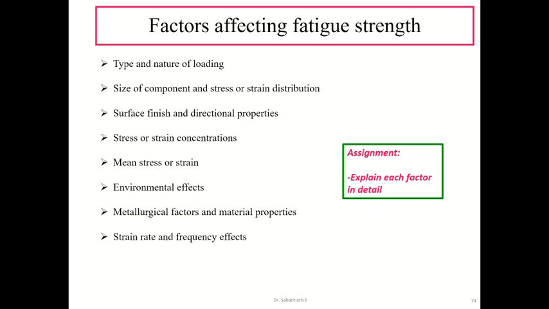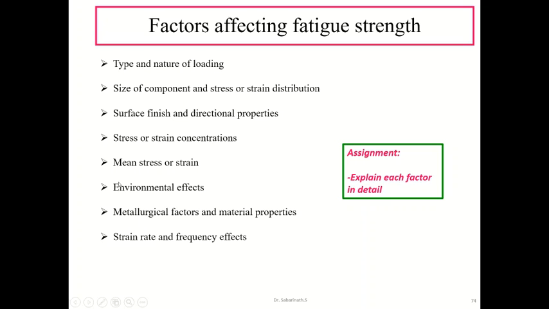Here are the factors affecting the fatigue strength. The factors are type and nature of loading, size of component and stress or strain distribution, surface finish and directional properties, stress or strain concentrations, and mean stress or strain, meaning that an increase in the mean stress will lead to a decrease in the fatigue life.